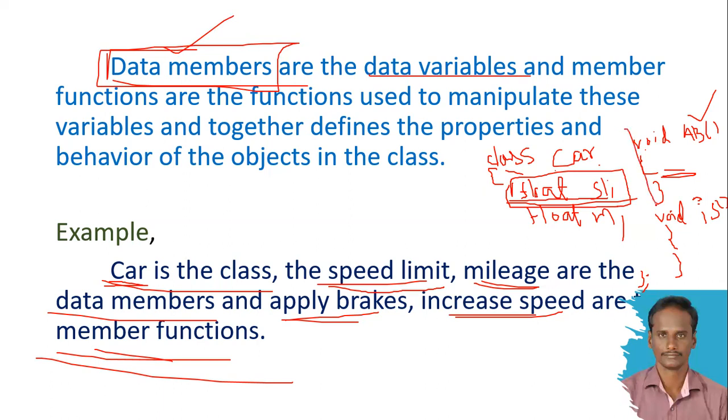Similarly, this part looks like a function, but we have defined this function within the class. If you define any function inside the class, we can call it a member function. This is a simple example.